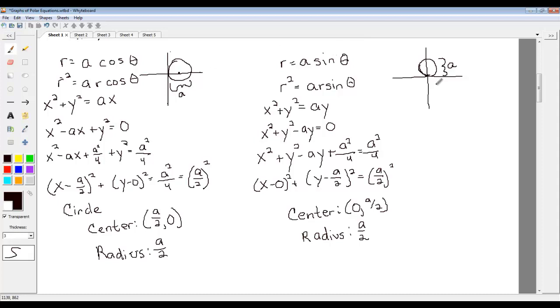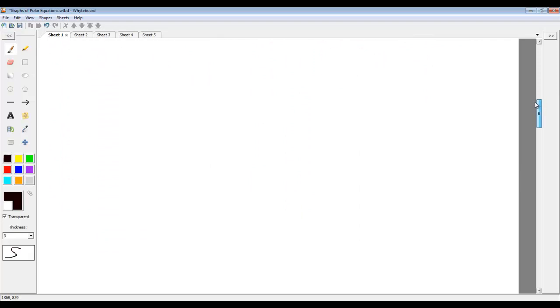Okay. Wanted to mention something about symmetry before we move on. I have at least 4 more situations to talk to you about, but I wanted to talk about symmetry for a second. If you are looking at your polar equation, and let's say you have a point r theta that fits that equation.